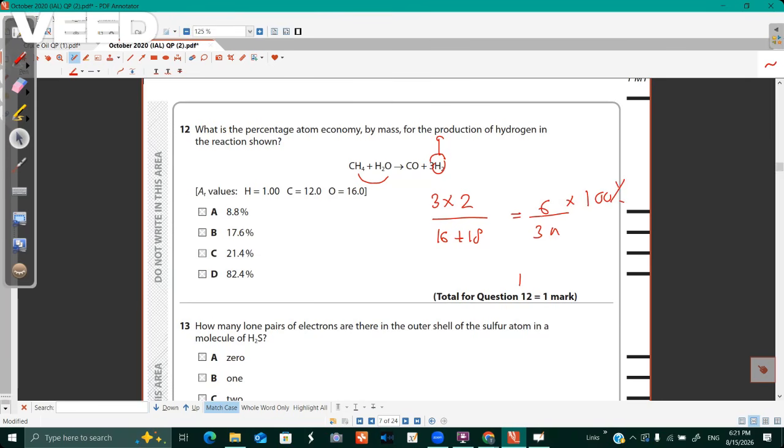So it looks like, let's look at the answers, right? It cannot be this, right? It's a very large atom economy. It cannot be this. Way off. Why?